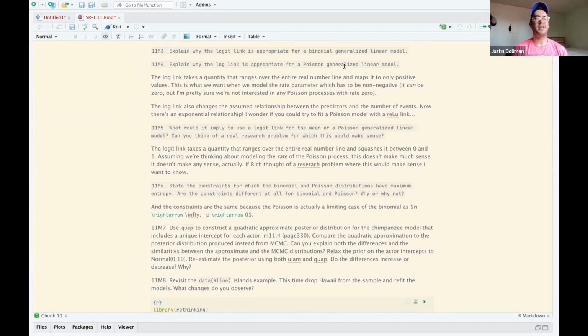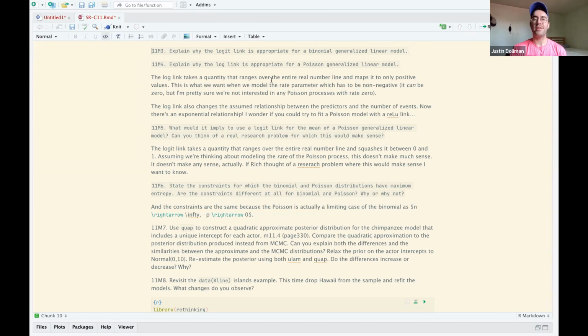Basically, we have our linear equation of something, just being the intercept plus the sum of all the coefficients times the variable values. And so that can go from negative infinity to positive infinity. So what we need is something that will constrain it to be positive.